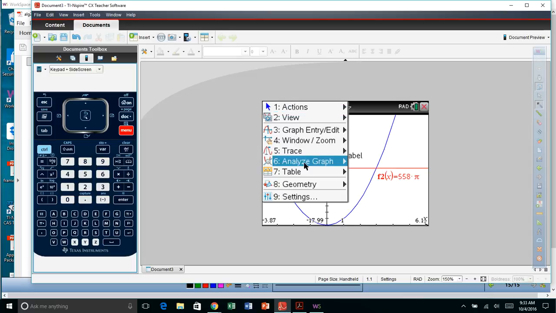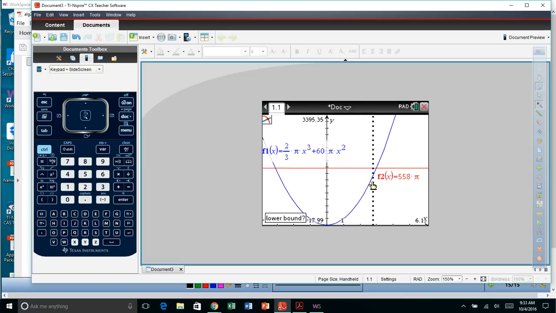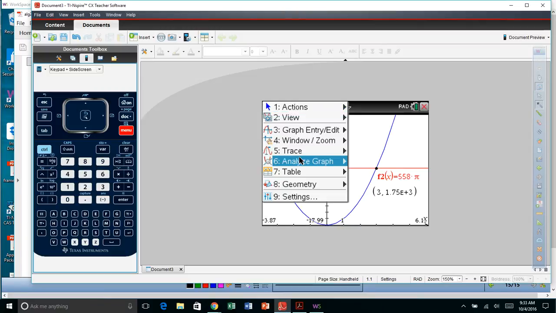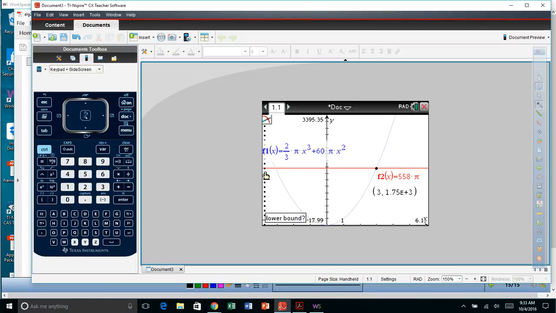So menu, 6, 4, and what is that? That's 3 and 1.75. Okay, and then if you go over here, menu, and it's going to be -3. Yeah, see, -3.1.